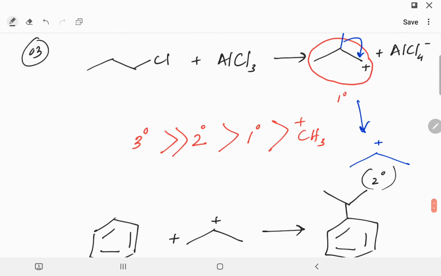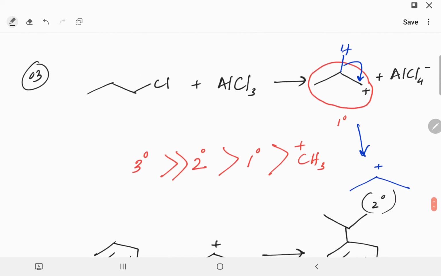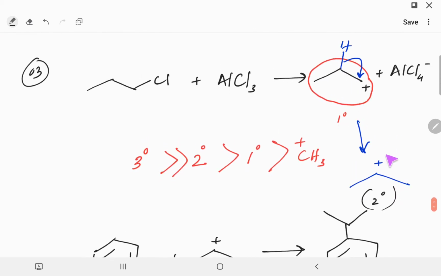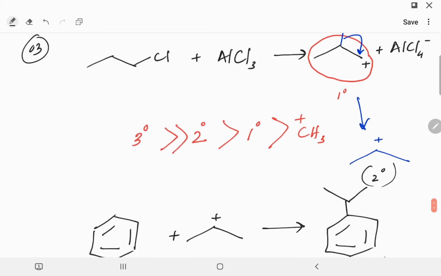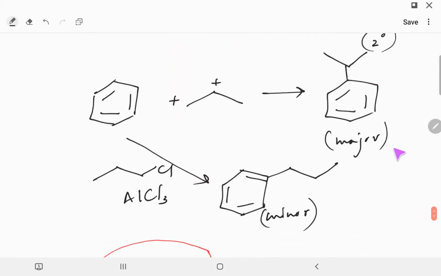When you are trying to attach an alkyl group to benzene, always look at the carbocation stabilities, because based on them your alkyl group could rearrange, and therefore the major product will most probably be from a rearranged alkyl group rather than the non-rearranged product. So keep those three things in mind.